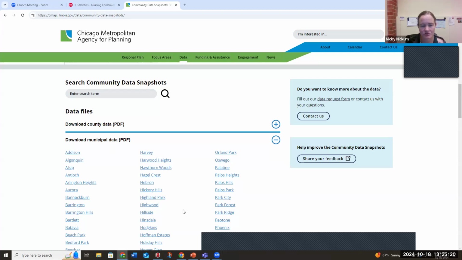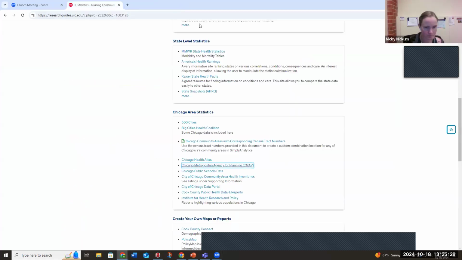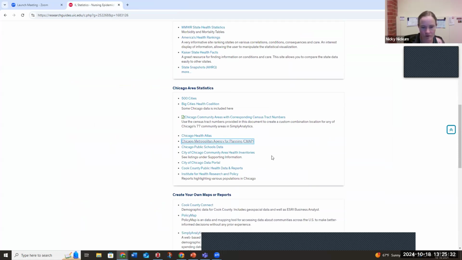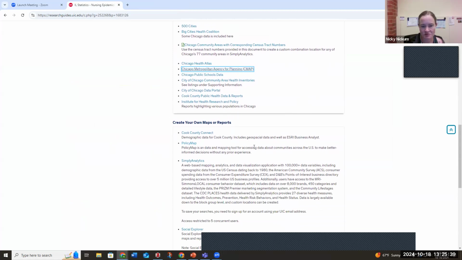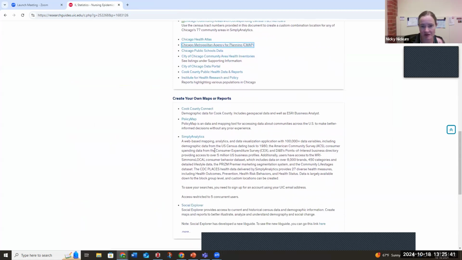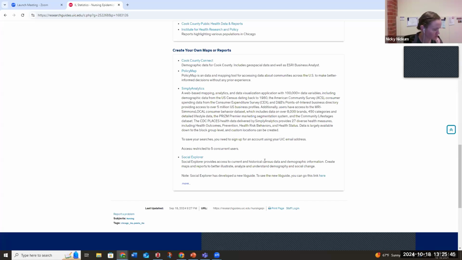It provides a fairly comprehensive snapshot of the area. You can also have data on Chicago Public Schools, CPS. You can use Policy Map and Simply Analytics to create your own maps or reports. There's a lot of information here.